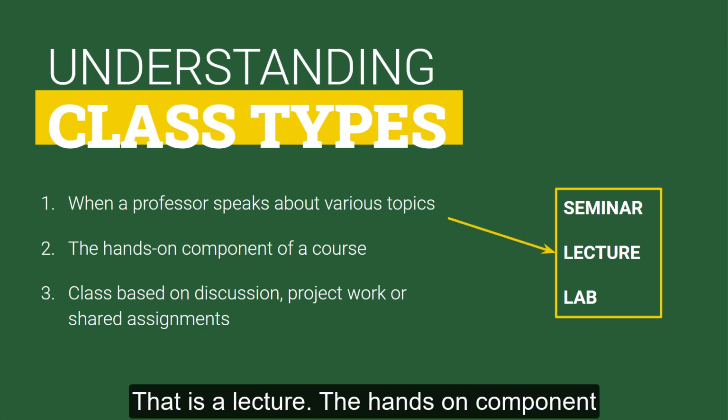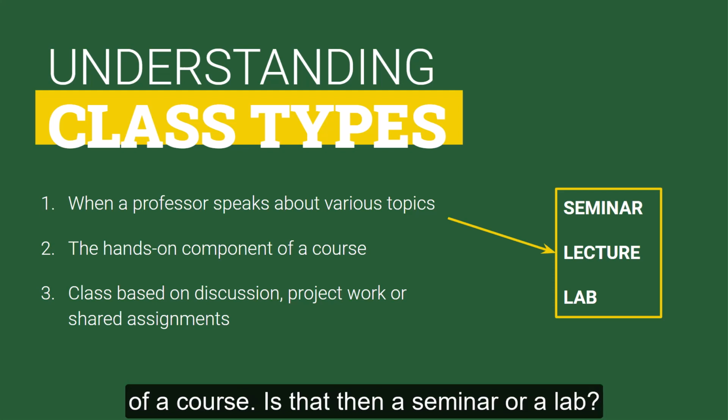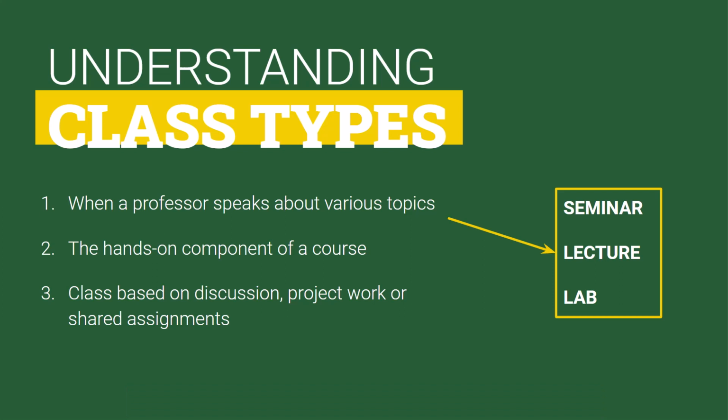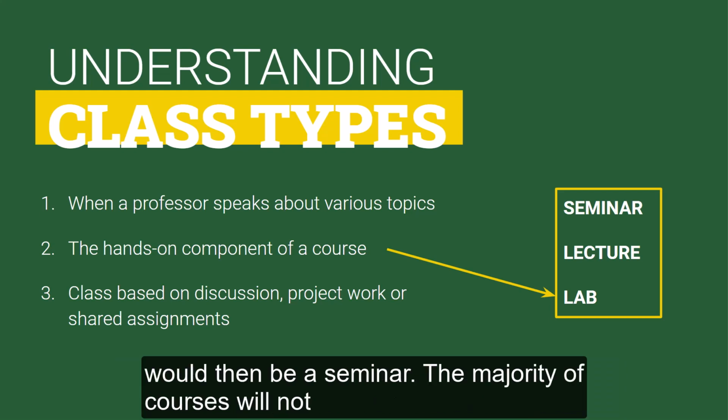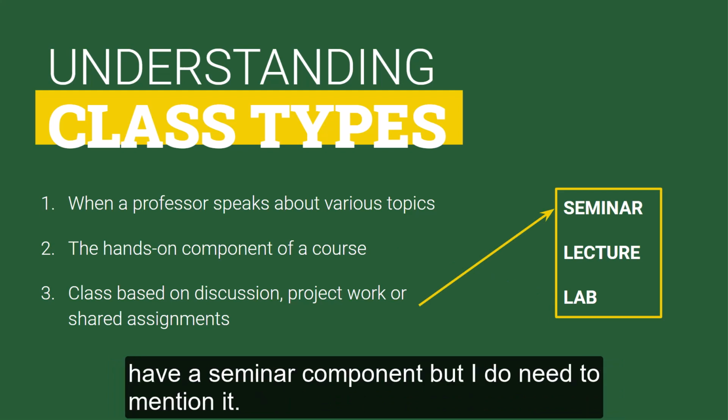That is a lecture. The hands-on component of a course, is that then a seminar or a lab? Lab, yes. And then the class based on discussion, project work, or shared assignments would then be a seminar.